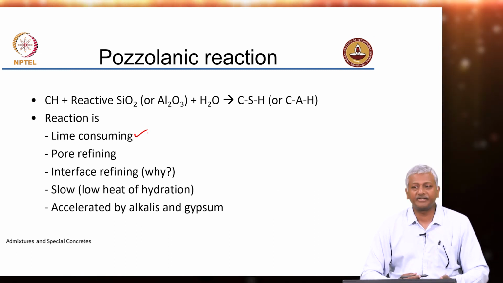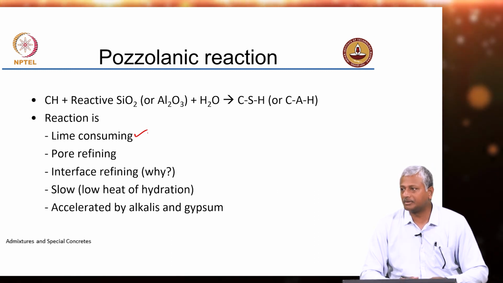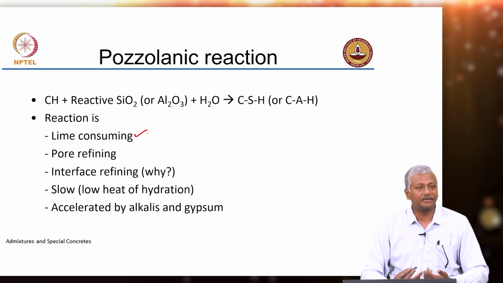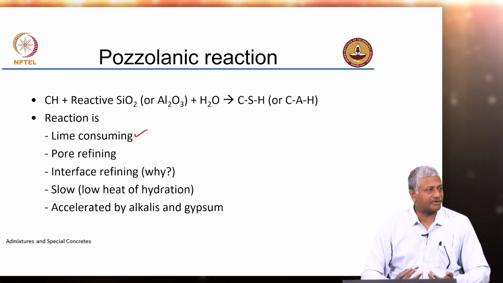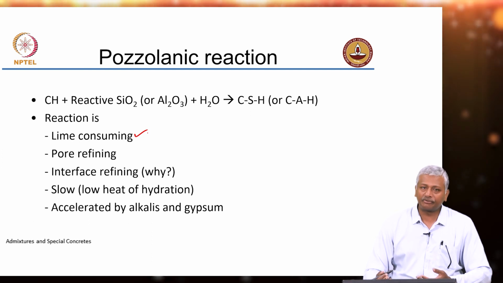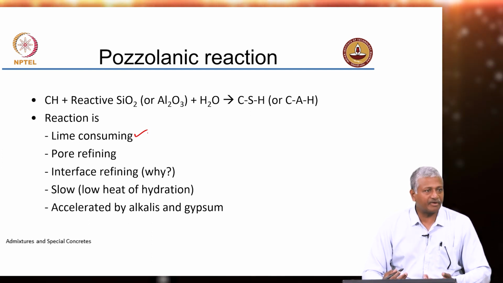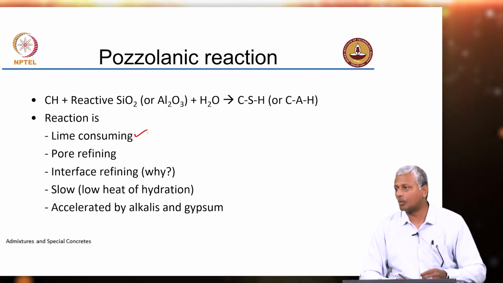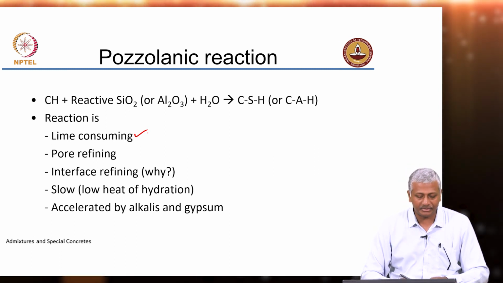Generally in the interface you see more calcium hydroxide being present. So, your mineral additives can produce more CSH in the interfaces and refine the interfaces. Okay. Additionally, of course, you have a filler effect where the finely divided mineral additives can go and occupy the void spaces that are prevalent in the transition zone.